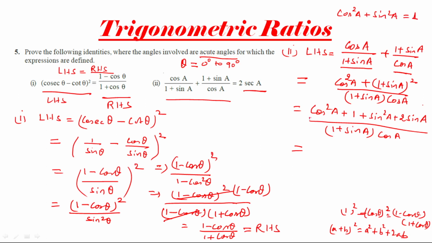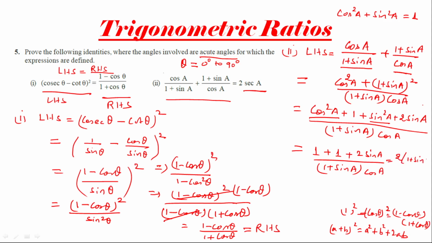So here we can see cos square A and sin square A, and the addition of both of them will give us 1. So 1 plus 1 plus 2 sin A by 1 plus sin A and then cos A. Further, it will give us 1 plus 1, 2. So 2 will become common, and we can write 1 plus sin A.